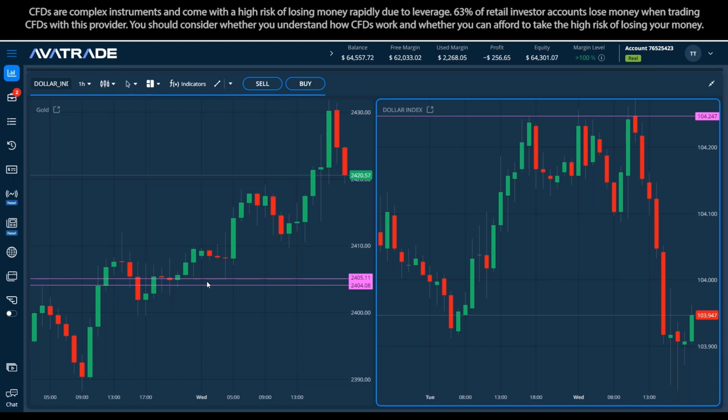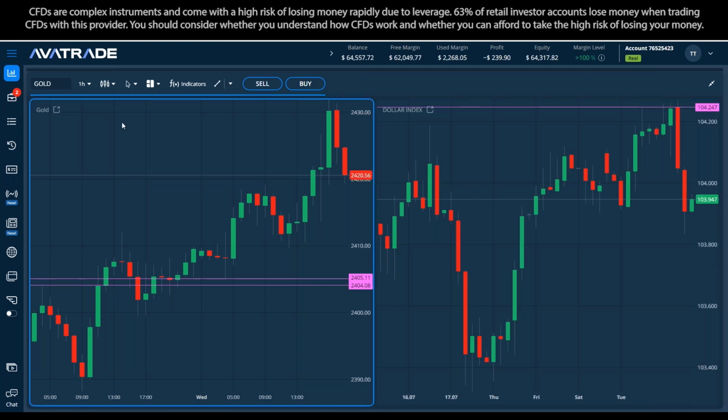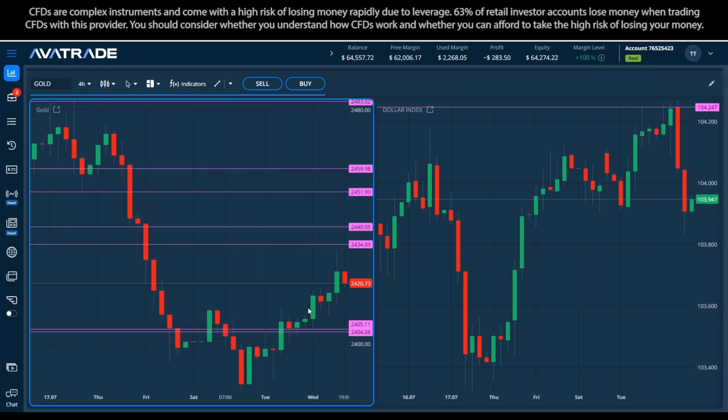Okay, so I noticed earlier today that on the dollar index, if we go to 4 hour candles, there was a spot in time where the U.S. dollar index had shown quite a bit of dropping, and gold also had dropped quite a bit on one of the 4-hour candles, earlier in the day.